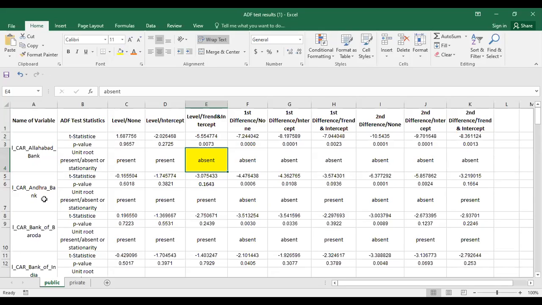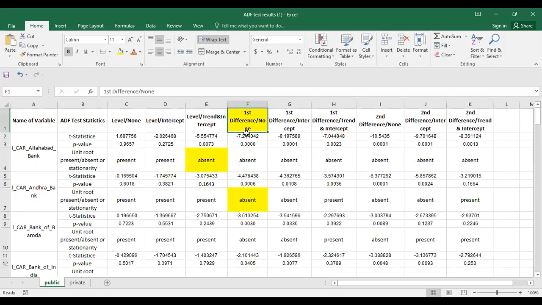Then in Andhra Bank, if we see, this unit root is absent in the first difference. So if I have to apply the test of Granger causality, rather than applying on the log values, I have to apply it on the first difference of the series.